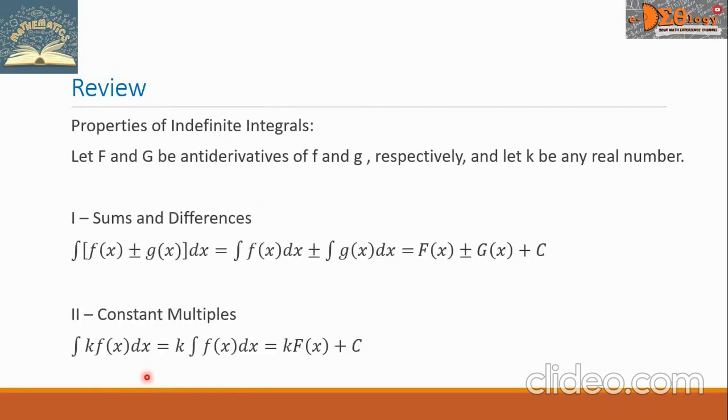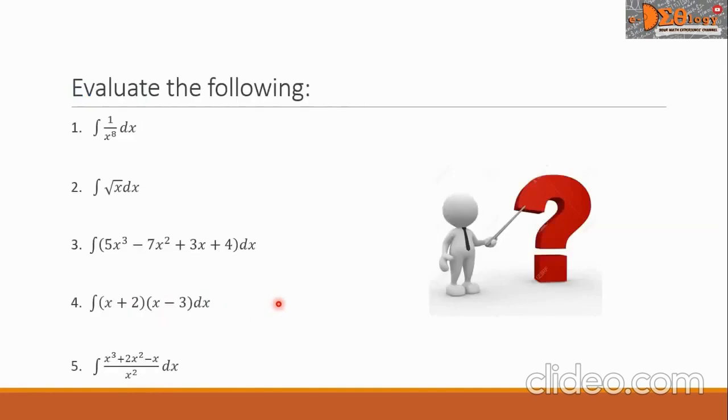Also, we studied properties of indefinite integrals. These properties are the integral of sums and differences, and the second is the integral of constant multiples. In this video, we're going to use those principles to evaluate integrals.